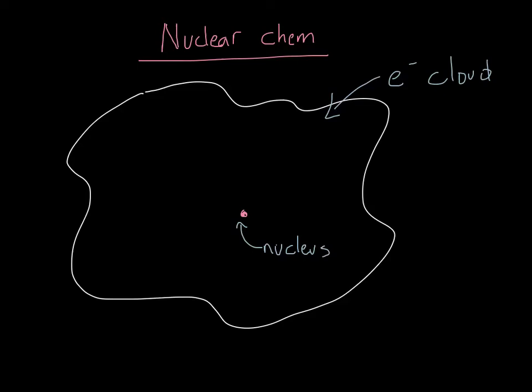It actually deals with the nucleus, hence the name nuclear. So we're now going to zoom in and take a look at just the nucleus. For a bit, we're not going to really be talking about electrons. Keep in mind they are there, they do play a role, but their area is more with bonding and chemical reactions. They don't really deal much with nuclear chemistry. So we're going to look at just the nucleus, which is just protons and neutrons.